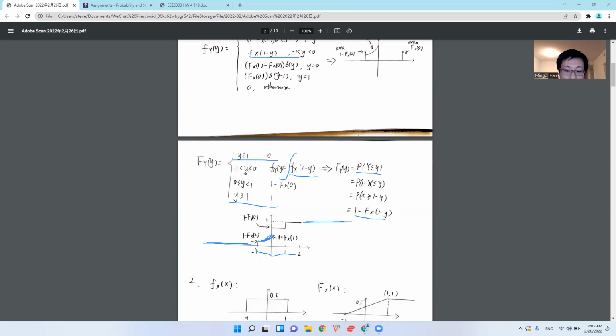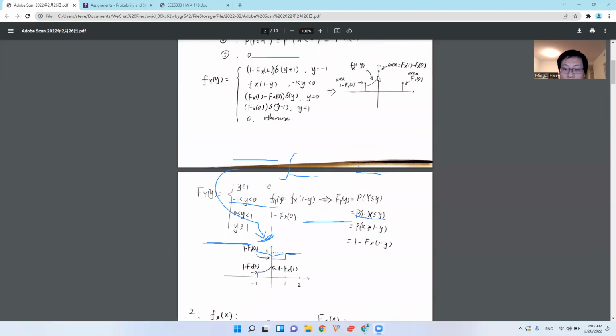And for this part, it's done here. For y smaller than 1 and larger than 0, it's because we had a spike, or a delta impulse, over here.